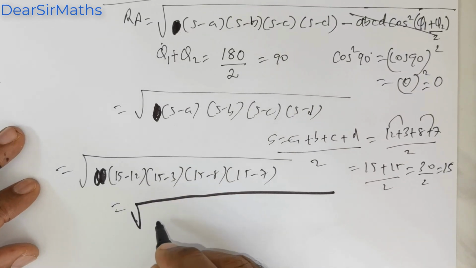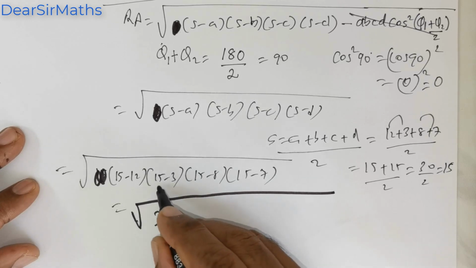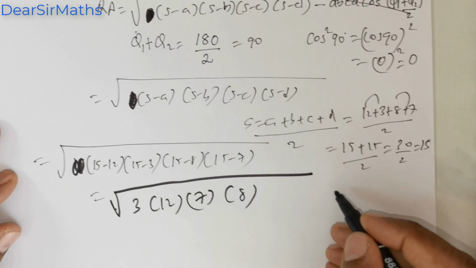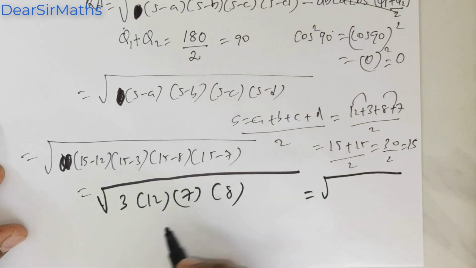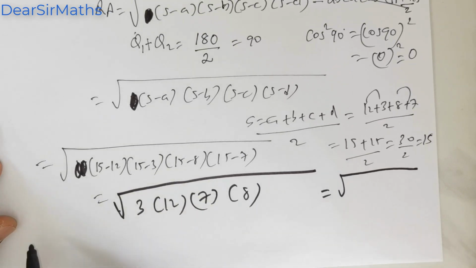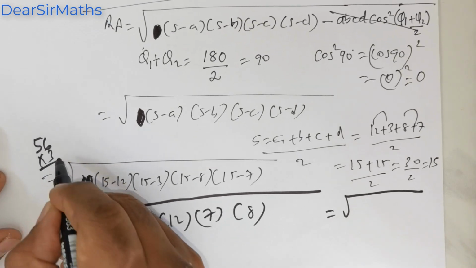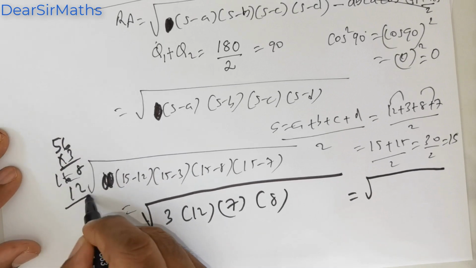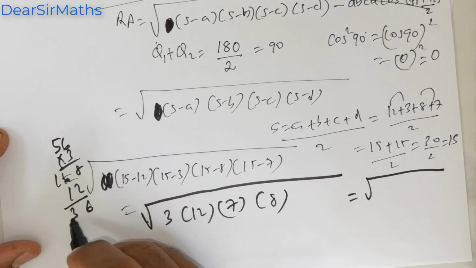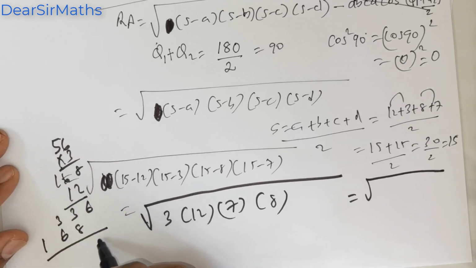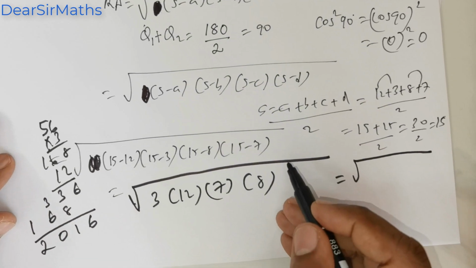So 15 minus 12 is 3, 15 minus 3 is 12, 15 minus 8 is 7, and 15 minus 7 is 8. Now this is equal to the root of 7 times 8, which is 56, multiplied by 3 is 168, multiplied by 12 is 2016.